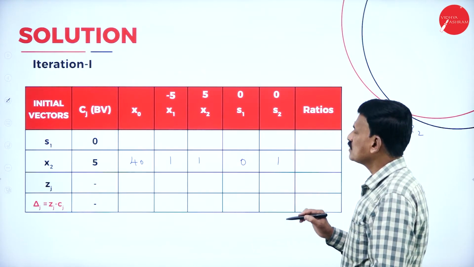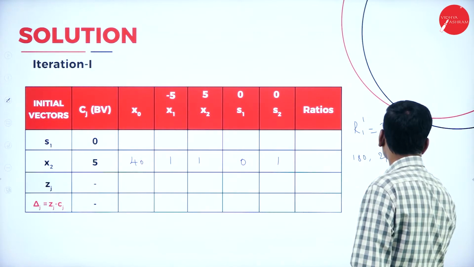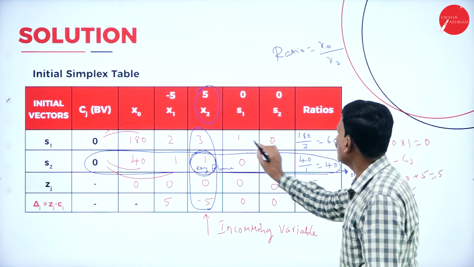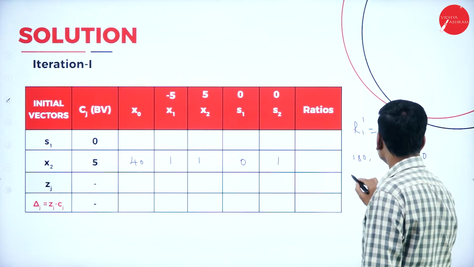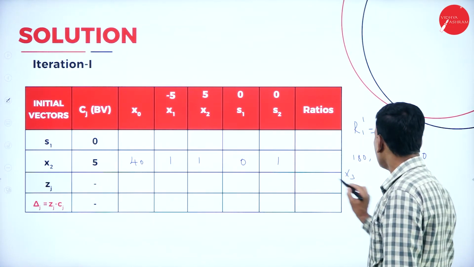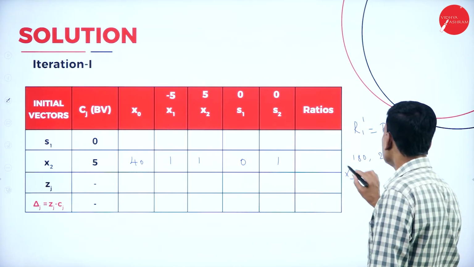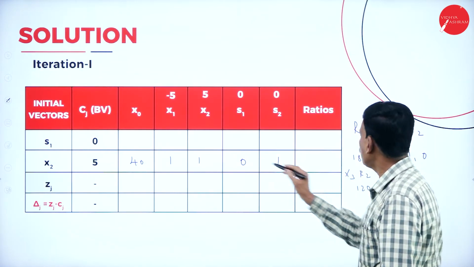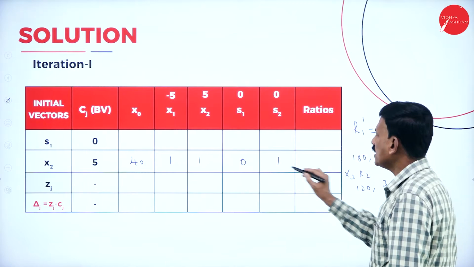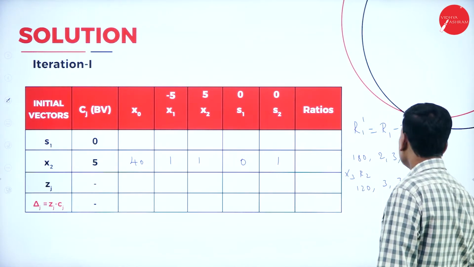r1 contains these values: 180, 2, 3, 1, 0. This is r1. Multiply r2 with 3. So if this is r2 and I multiply it with 3, this is 120, again 1 3s are 3, again 1 3s are 3, again 0 and 3.